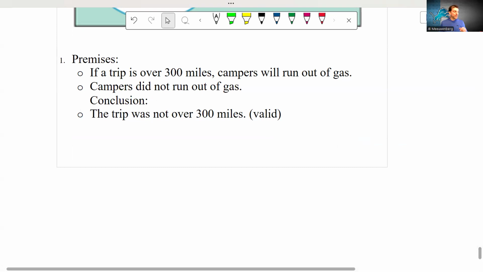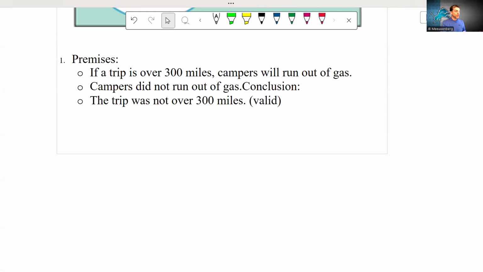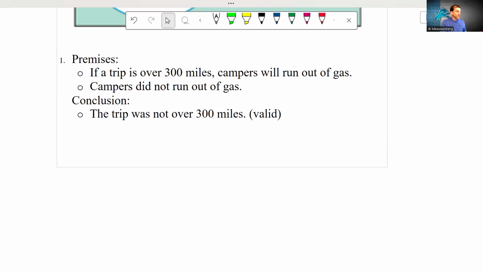Campers did not run out of gas. The conclusion then is the trip was not over 300 miles, and that is a valid conclusion. Can you figure out which of the two laws was used here? I'll give you a minute to pause and think about that.